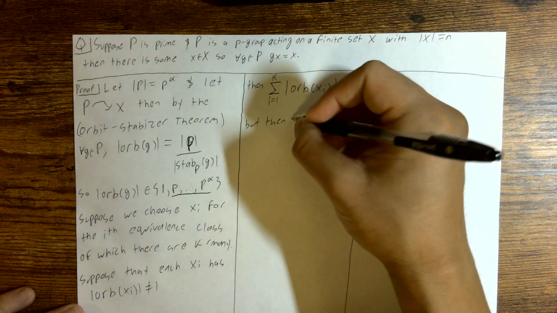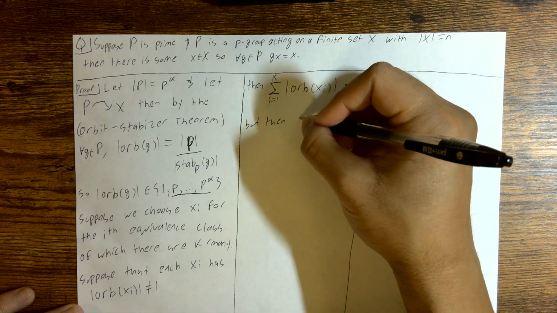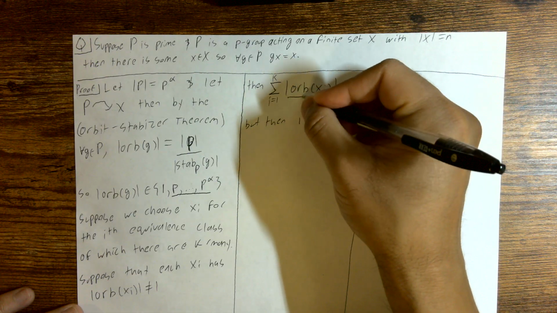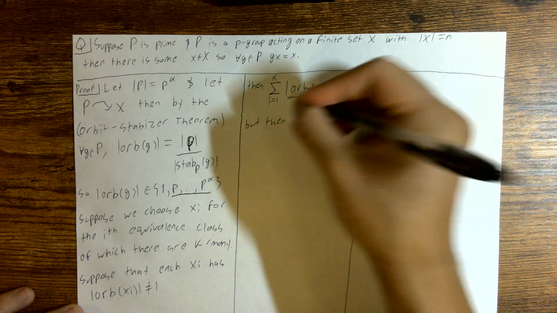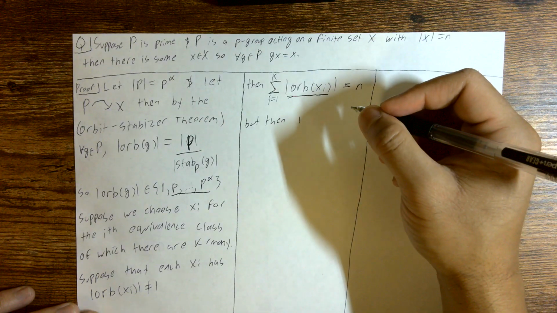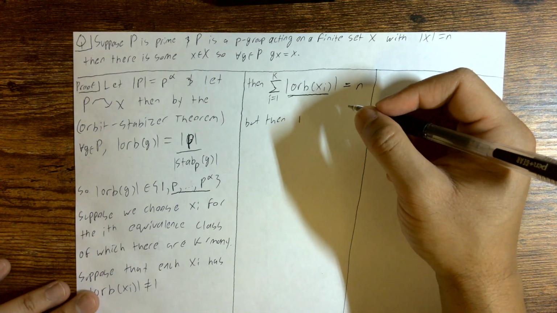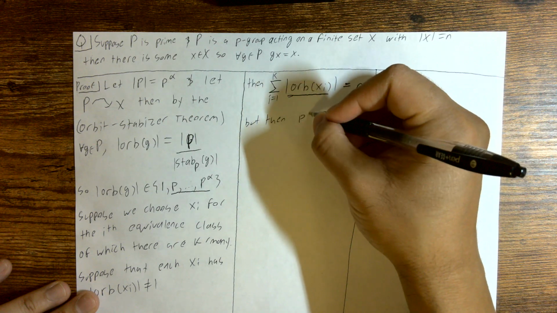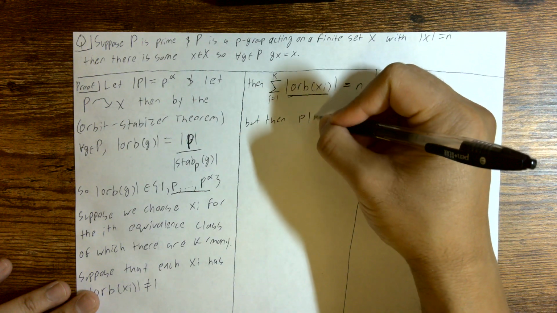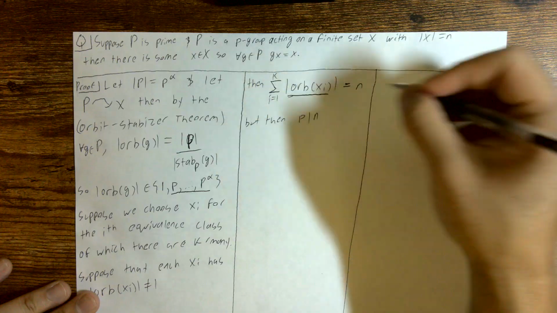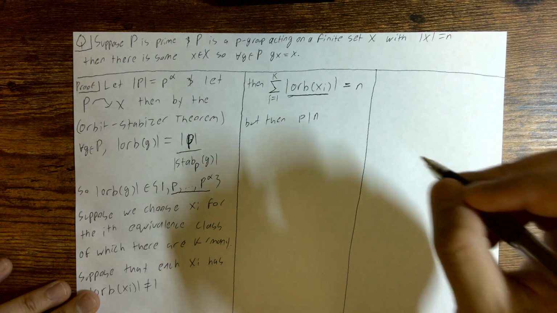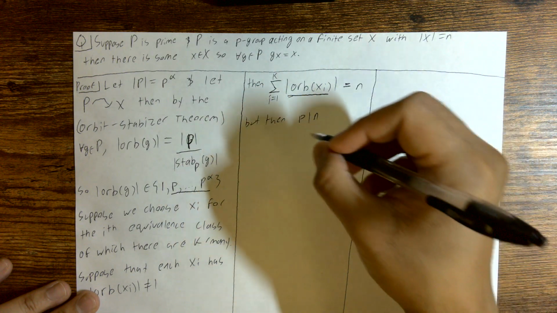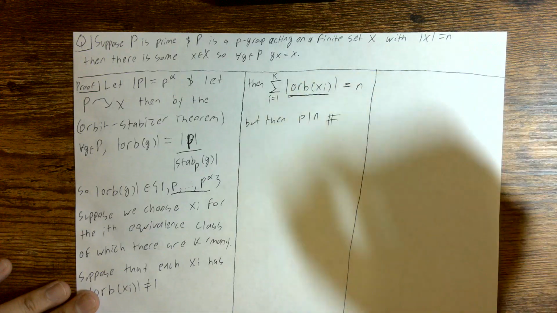But then, since p divides each of these sizes of each orbit, p then divides the total sum, which is now n. So then p divides n, which is a contradiction.